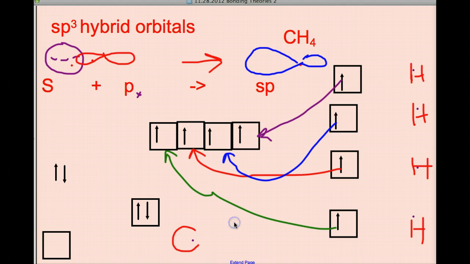Now let's take a look at VSEPR and how this occurs. So if we take a look at our VSEPR drawing, we know that we're going to have a carbon in the middle, right? And now I've created these hybrid orbitals. And so what you end up getting is this tetrahedral shape of these orbitals that were created.